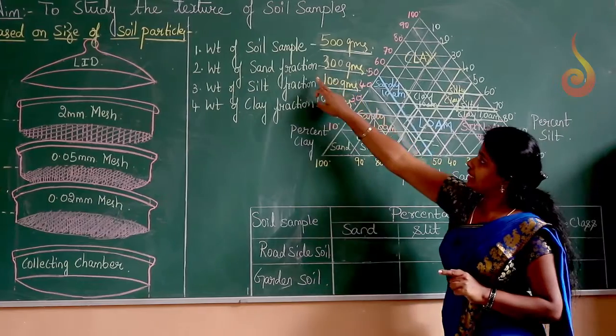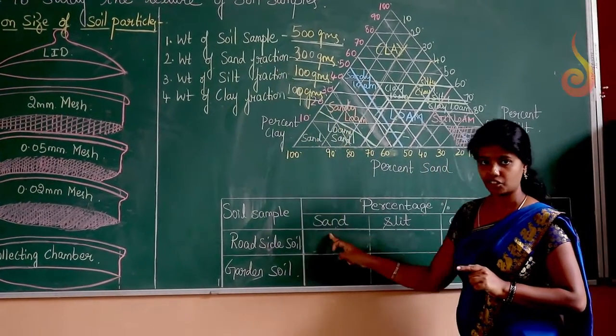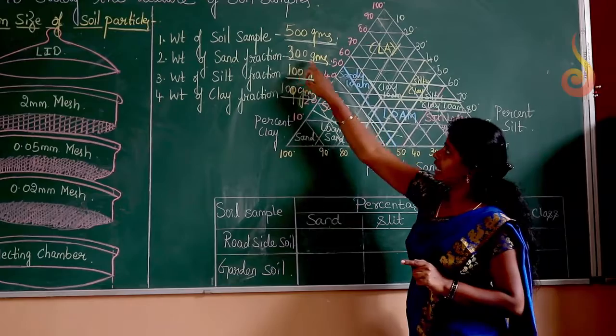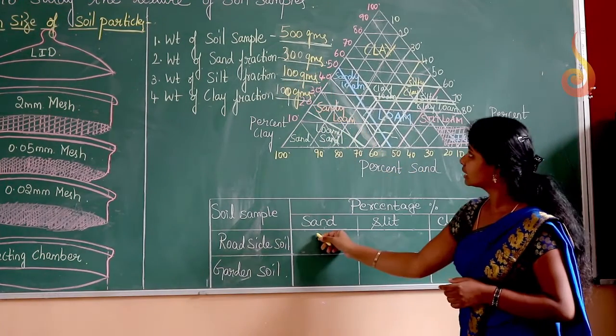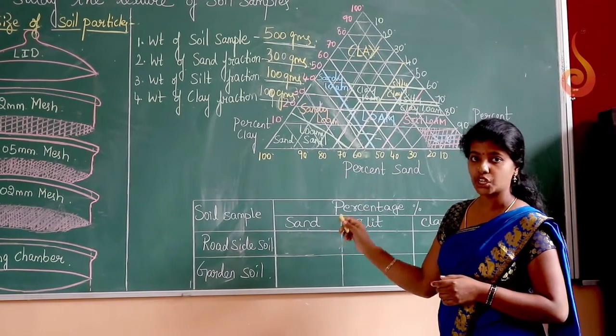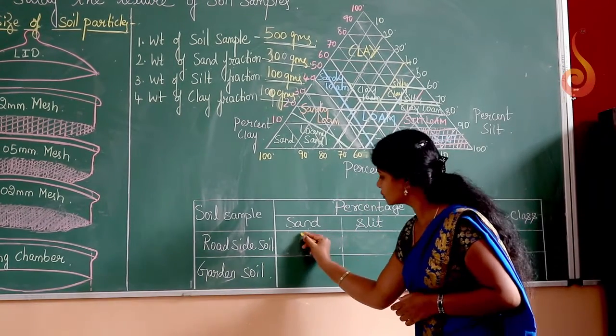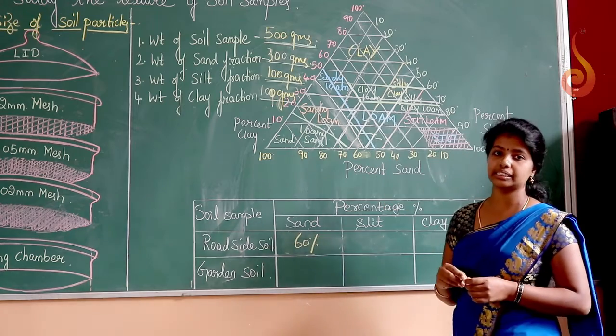Now, let us take the weight of the sand fraction and calculate its percentage, that is 300 grams. The sand fraction contains 300 grams out of 500 grams, so the percentage of sand present in the given sample is 60%.